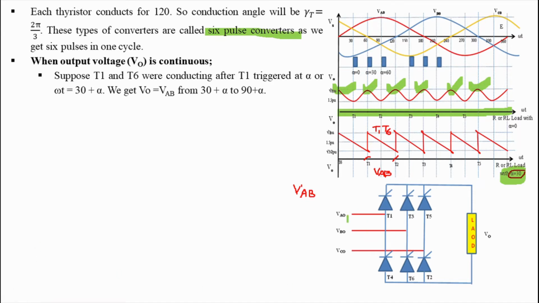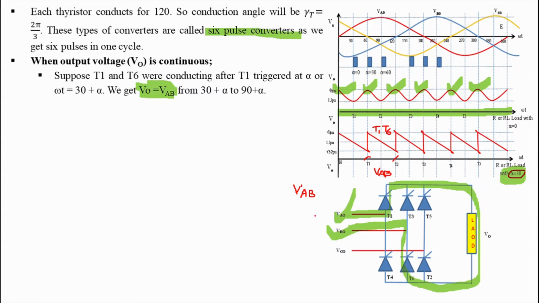Now when T1 and T6 conduct, output voltage V0 is equals to VA0 minus VB0, that is equals to VAB, because VAB is equals to VA0 minus VB0. So we get V0 is equals to VAB.